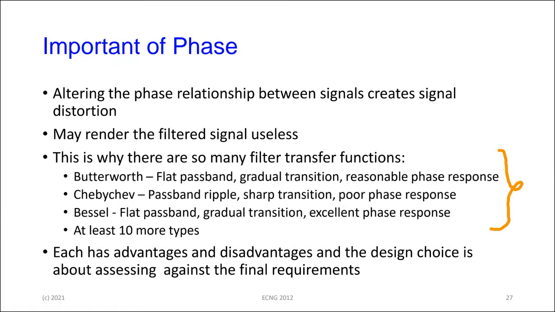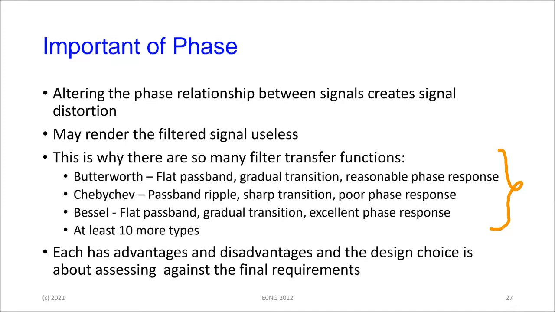And just a couple of them that I put up there, the one that I mentioned, but you wouldn't do that until you do the 3024 course. The Butterworth type transfer function is nice and flat. It changes gradually from the passband to the stopband, and the phase response is reasonable. It's kind of gradual and it's fairly predictable.